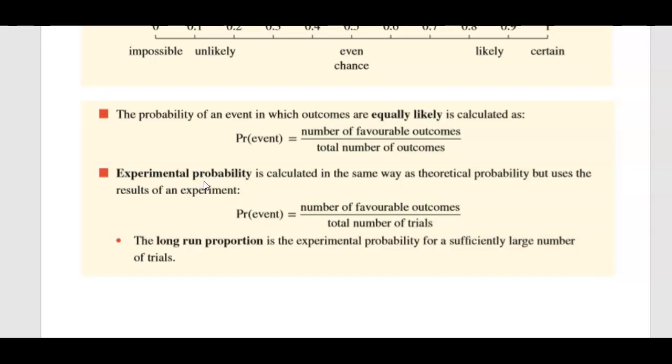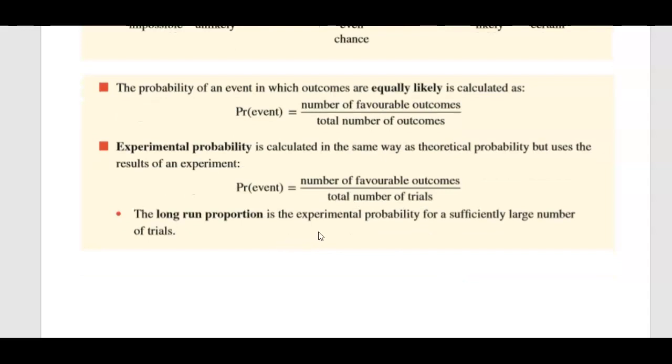That would be experimental probability. Whereas with theoretical probability, I know the probability of flipping a coin and getting a head would be 0.5. But in reality, if I did it 100 times, maybe it would turn out to be 0.47. But it would be pretty close to 0.5.